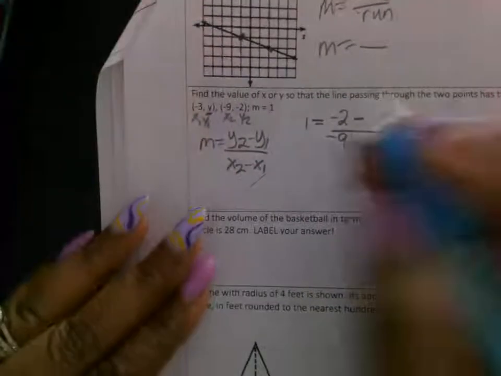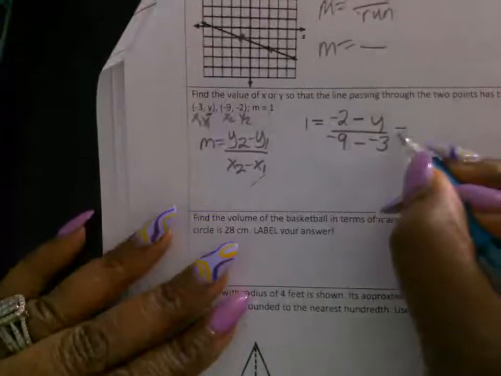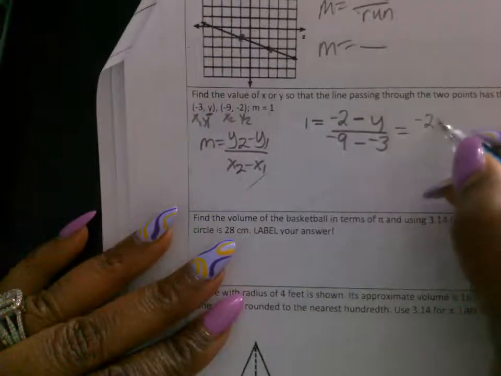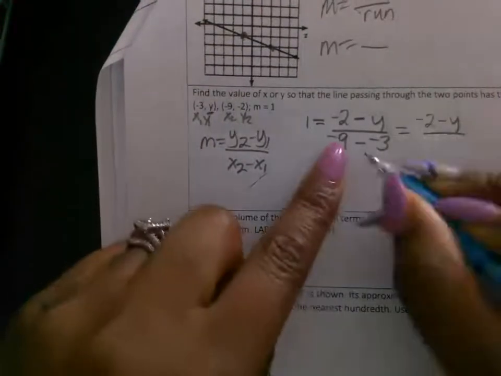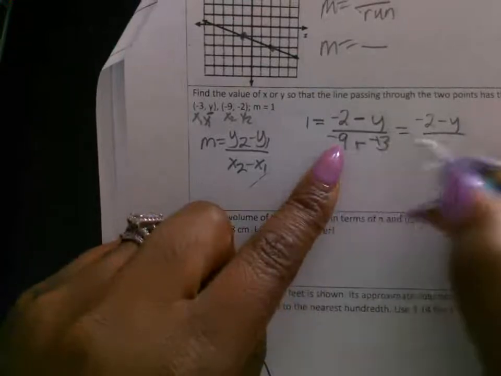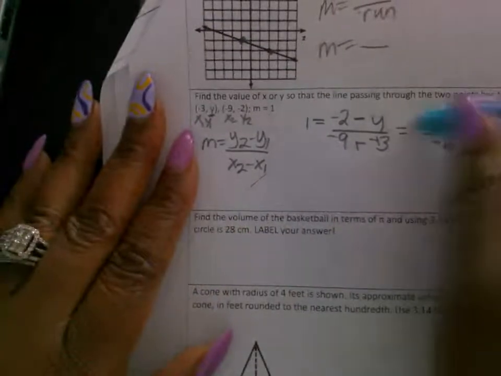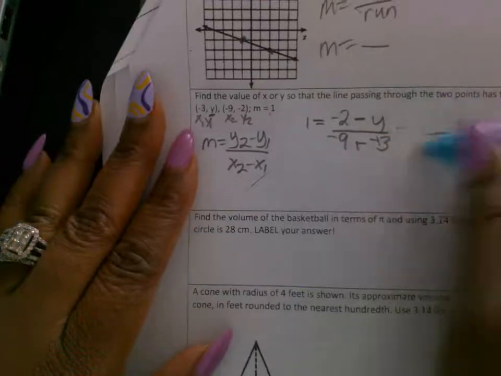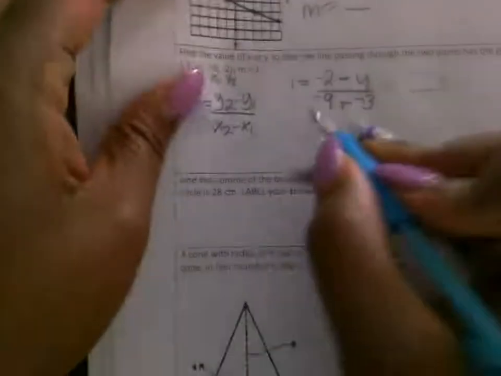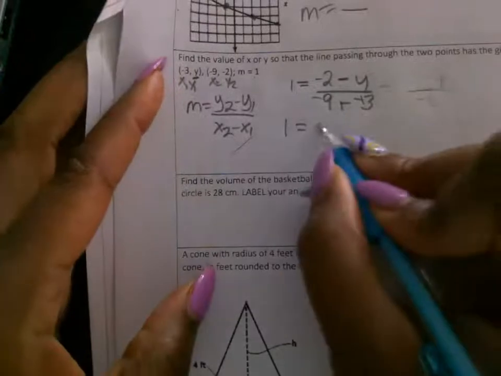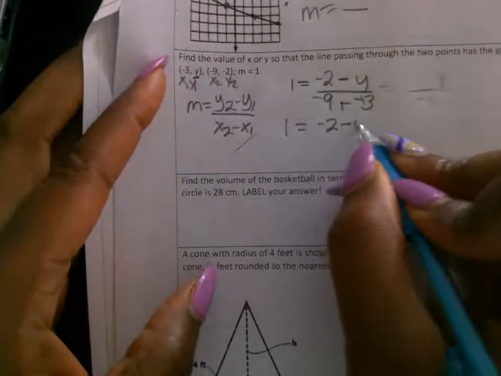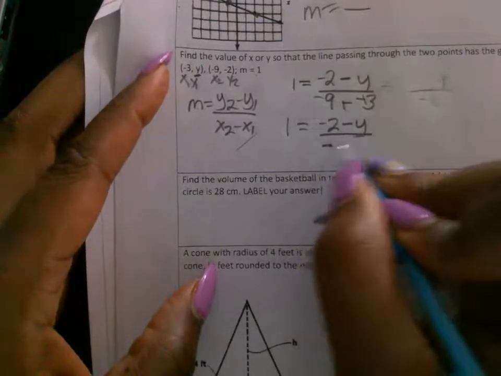When I do this, I get -2 minus y over, and then the bottom is plus a positive, so that gives me -6. Oops, I'm sorry. This is 1 is equal to -2 minus the y, and on the bottom, that gives me -6.